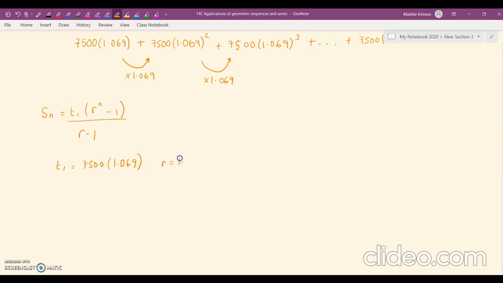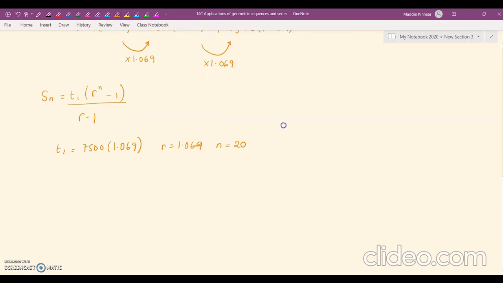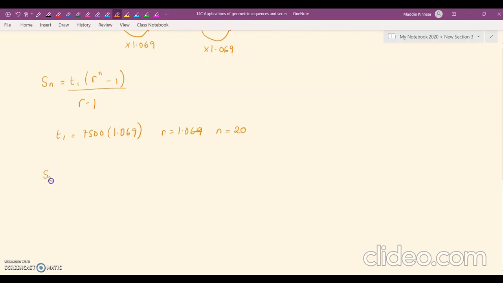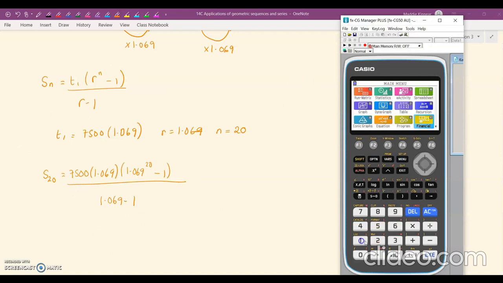Our r value is 1.069, and our n in this case was 20 years, because that's how long he was doing this for, Mr. Cheers. So if we find the sum of 20 terms, it will be T1, so that's our 7,500 times 1.069, all multiplied by 1.069 to the power of 20, take away 1, all divided by 1.069 take 1. And if we type that in on our calculator, so let's go to run matrix.